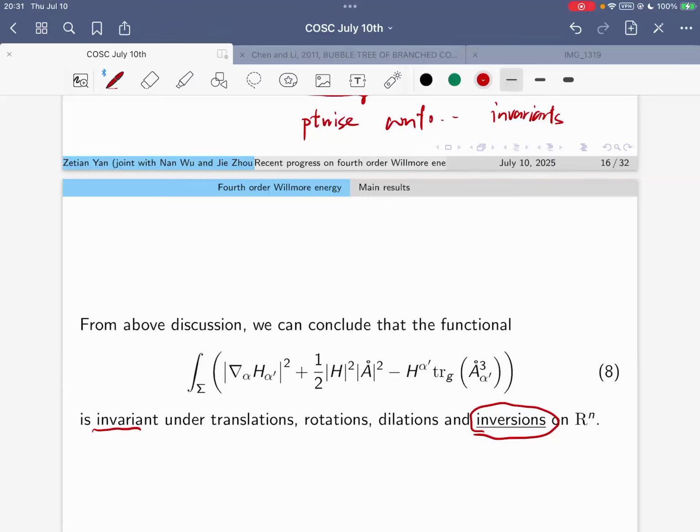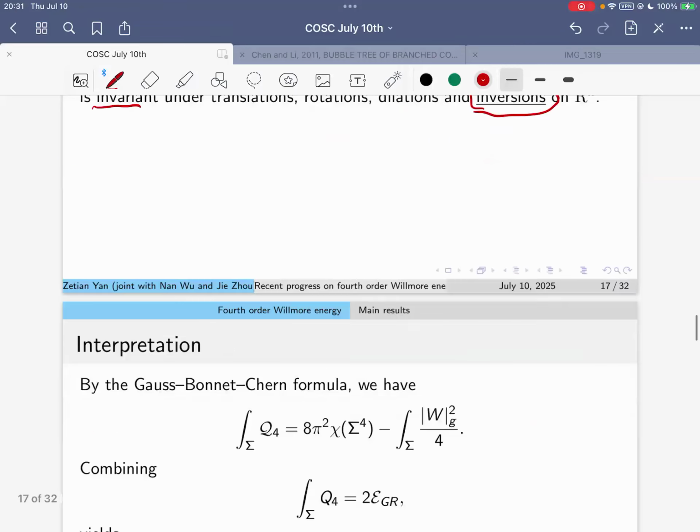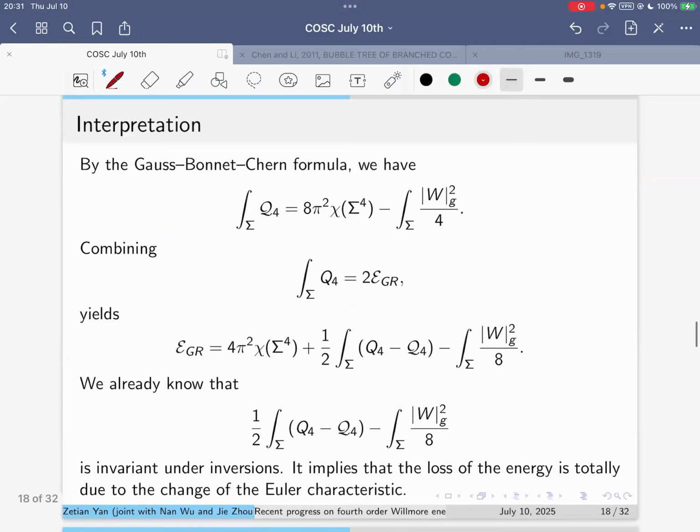So for this reason, the loss of energy is totally provided by the change of Euler characteristic. Since by the Gauss-Bonnet-Chern formula, we can reformulate the total intrinsic Q curvature by the Euler characteristic minus the Weyl tensor term. So this is a Weyl tensor. But no worries, this is invariant under inversions.